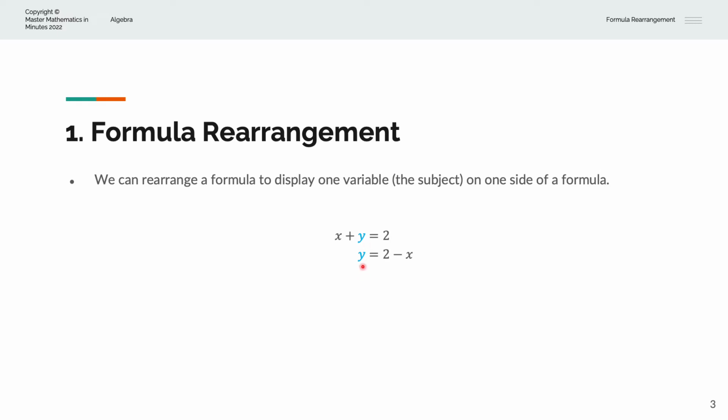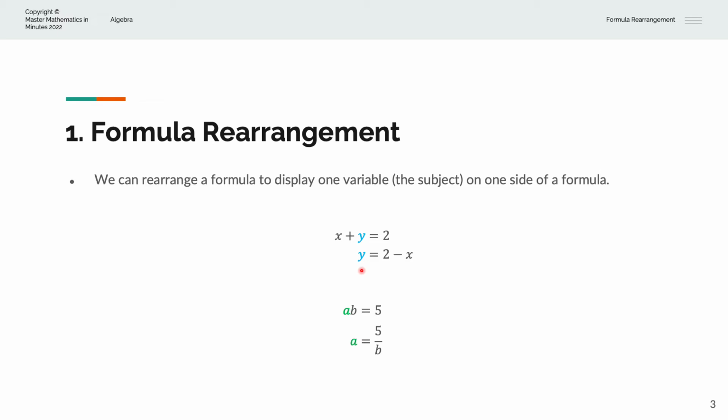So we'll keep y on the left-hand side, and we'll bring x to the right-hand side, and that becomes 2 minus x. So we've rearranged this formula to make y the subject, and y appears on the left-hand side with all of the terms on the right-hand side, and that is a definition of being the subject.